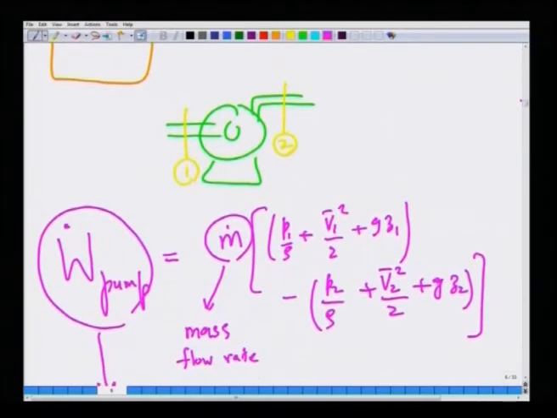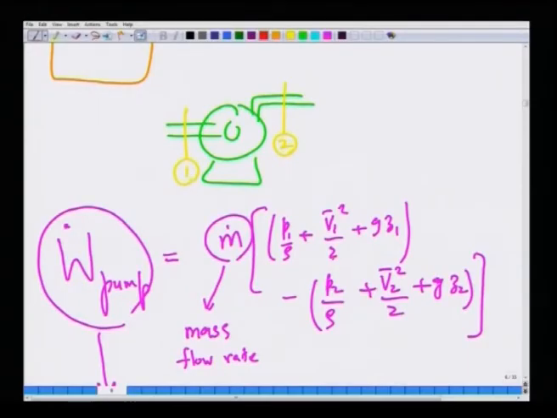Let us simplify this balance. P1 minus P2 is not negligible, because that is the whole point of having a pump. You want to increase the pressure head across the pump, and if the pipes that connect the inlet and outlet of the pump are of the same dimensions, then you can neglect the difference in V1 squared and V2 squared, as they are approximately the same.